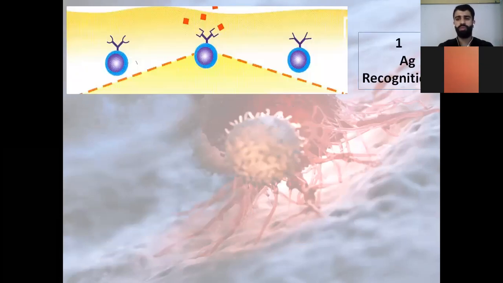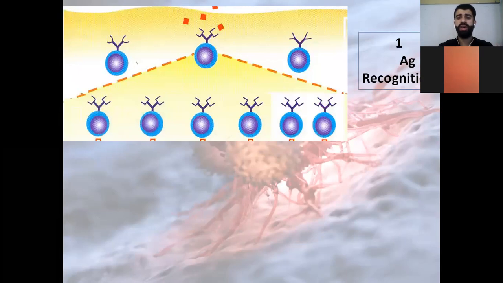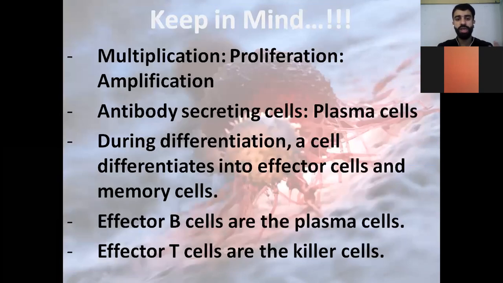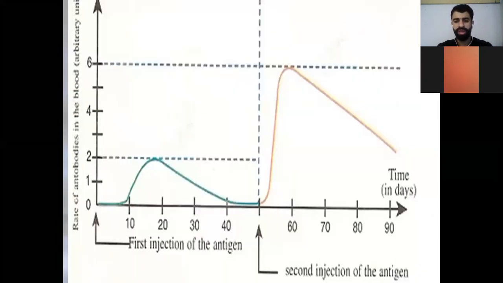We said that first we recognize the antigen, then we have multiplication or proliferation, then differentiation to either effector cells or memory cells. Multiplication, proliferation and amplification all have the same meaning. Antibody secreting cells are called plasma cells. Effector B cells are the plasma cells, and the effector T cells are called the killer cells.